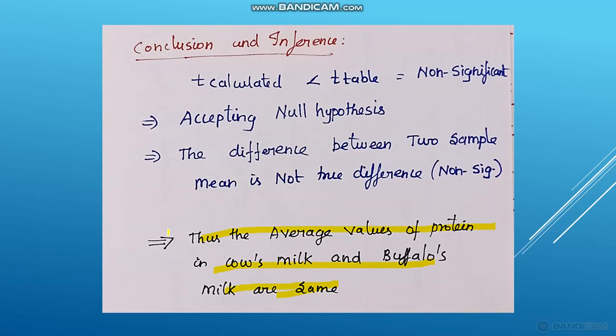This is the conclusion and inference: the average value of protein in cow's milk and buffalo milk are the same. This one is the conclusion part, and this one is the inference part.